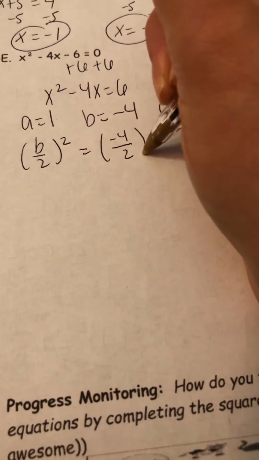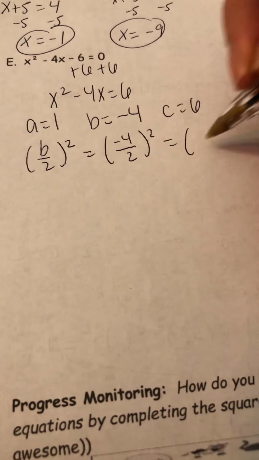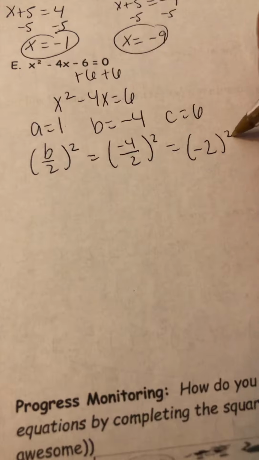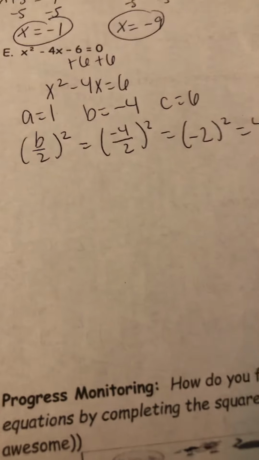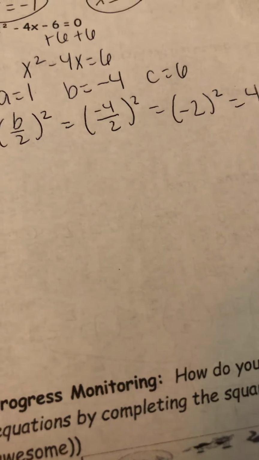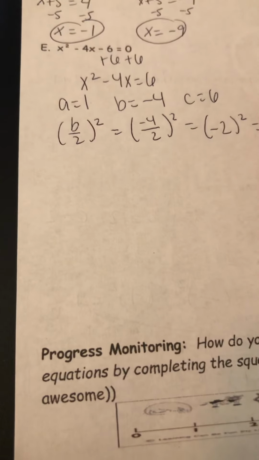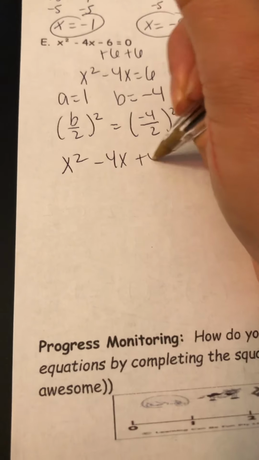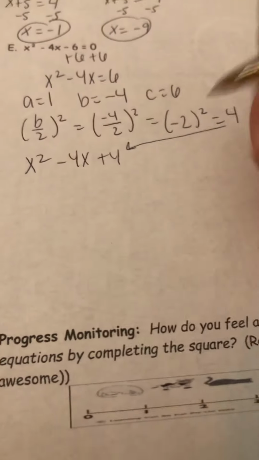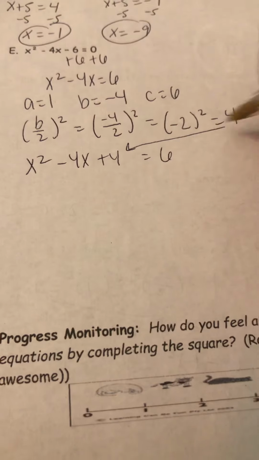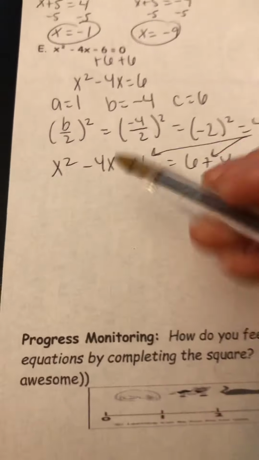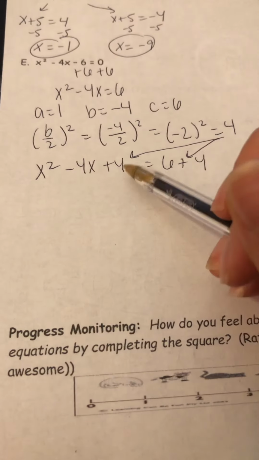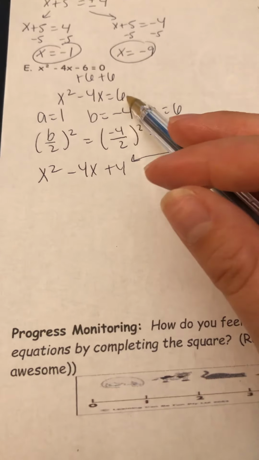So negative 4 over 2 squared. Negative 4 over 2 is negative 2. Negative 2 squared is 4. Okay, now I need to add that back into both sides. So I get x squared minus 4x plus 4 is equal to 6 plus 4.